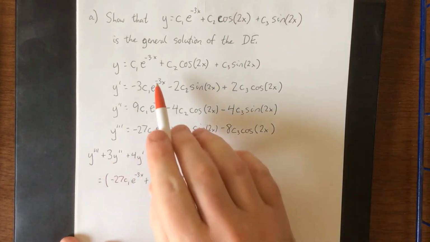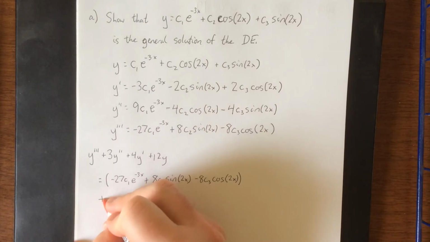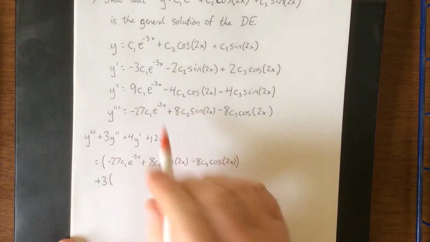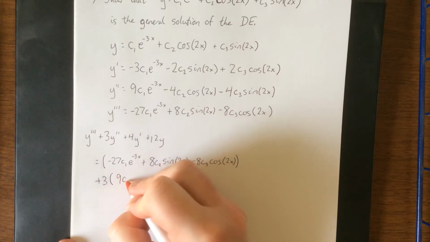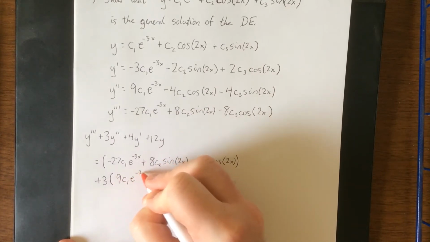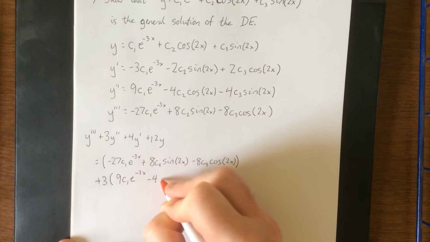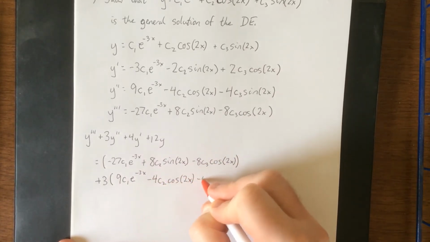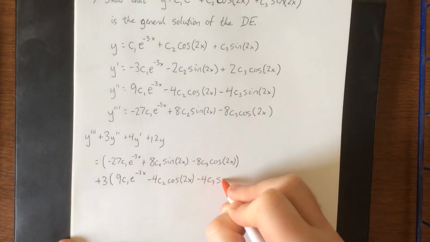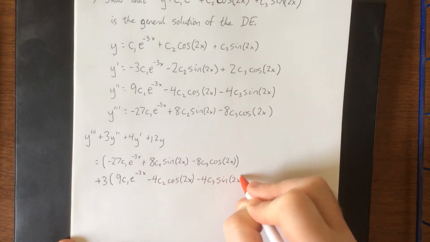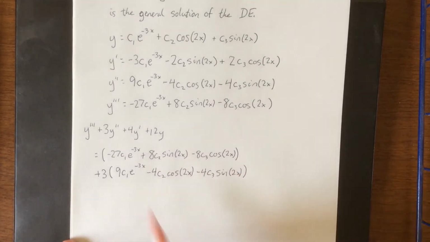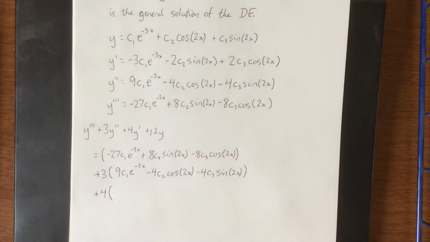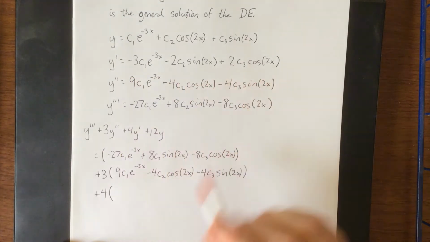plus 3 times y double prime. We'll just go ahead and do that down on the next line. Plus 3 times 9 c1 e to the negative 3x minus 4 c2 cosine of 2x minus 4 c3 sine of 2x, plus 4 times y prime. Y prime we got back here at this line.